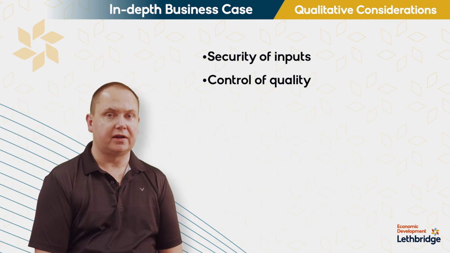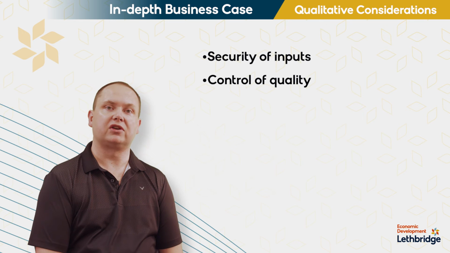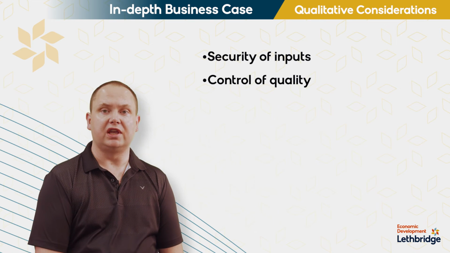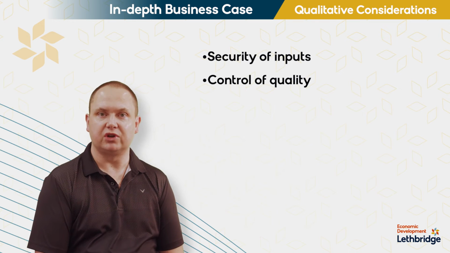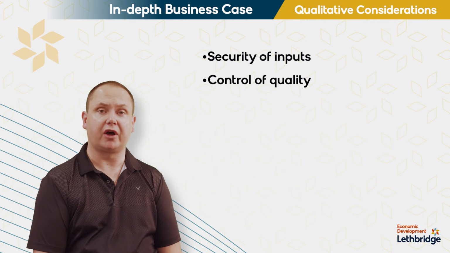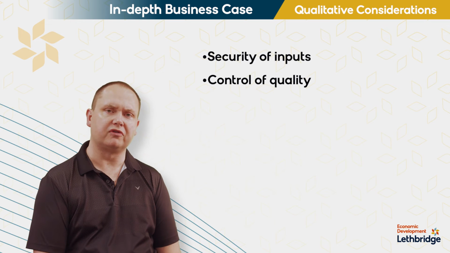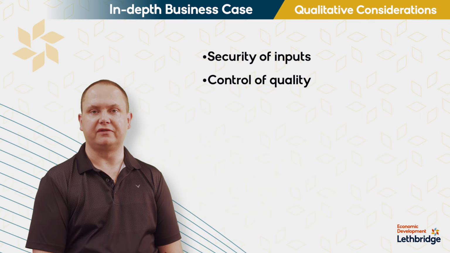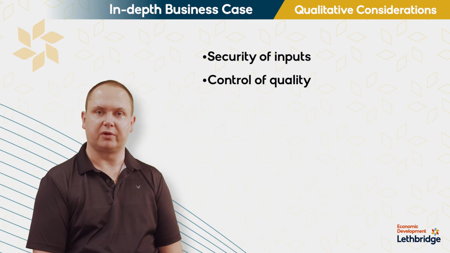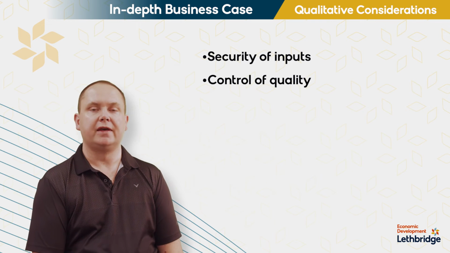But there again, they could have a direct effect on revenue we eventually lose or we're not able to gain because of an image of our final product. So control of quality is another factor you want to consider as a qualitative evaluation within automating supply chain.